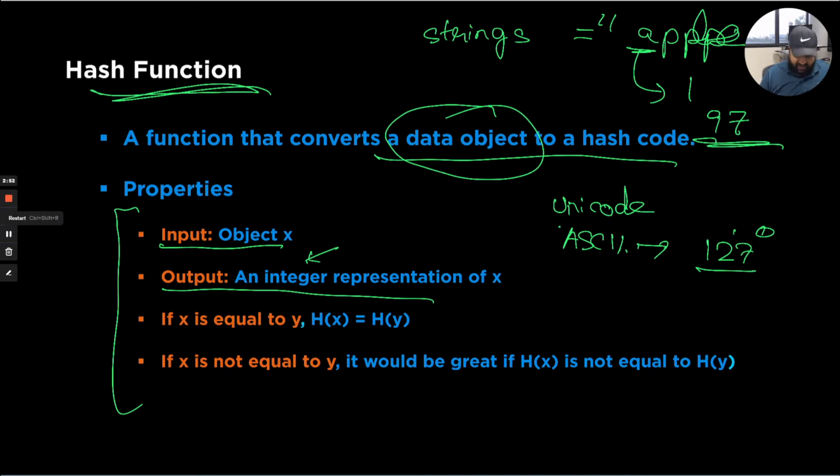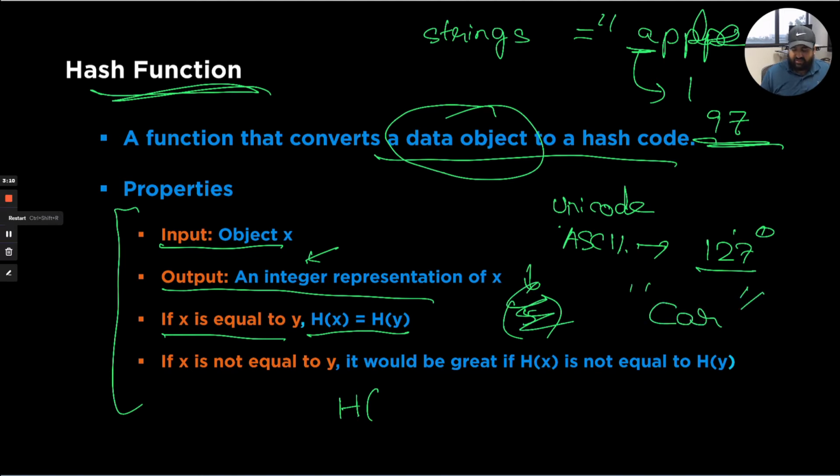The third property is that if X is equal to Y, then H(X) should equal H(Y). What this means is, let's say we have an object called car.